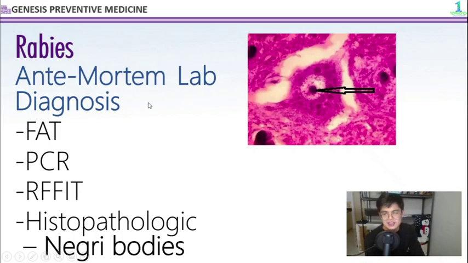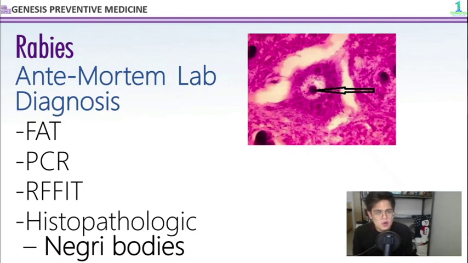Unfortunately, because you're expecting the patient to die when they exhibit rabid symptoms, we term the lab diagnostic tests as ante-mortem, before death. So yeah, there are FAT, PCR, RFFIT, and histopathologic findings of Negri bodies.